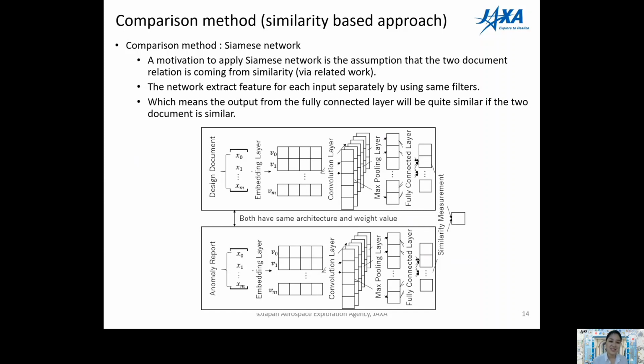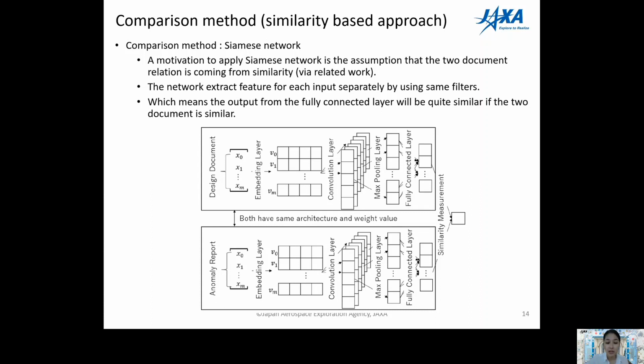This is said in many related works. The upper part network and the bottom part network are completely the same.